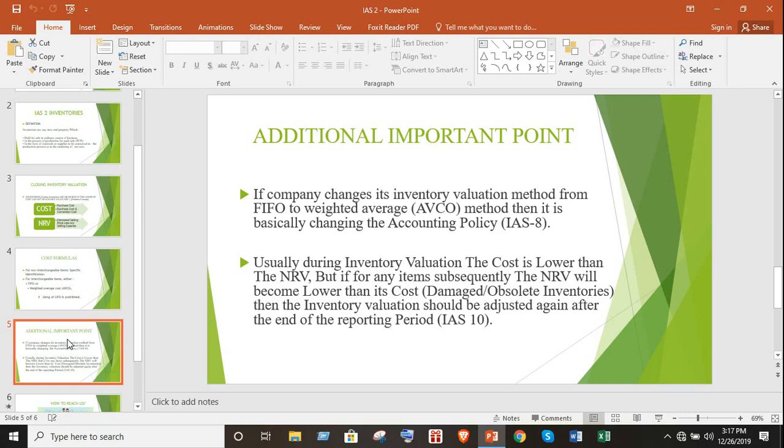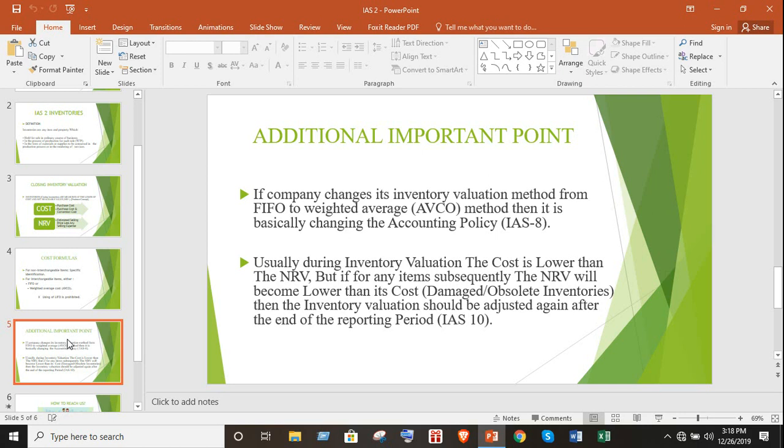So now guys, what should you do? Can we keep the value of closing inventory at $5 or should we change the value of inventory? Obviously, we have to change the inventory valuation. That is also the guideline provided in IAS 10.